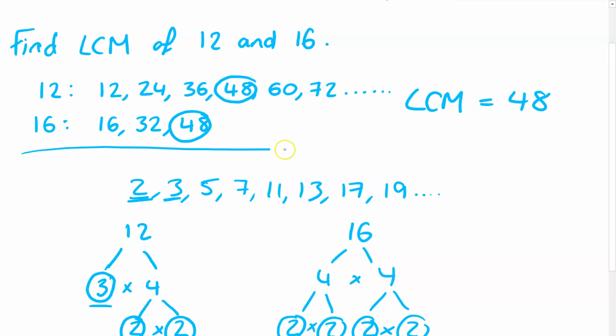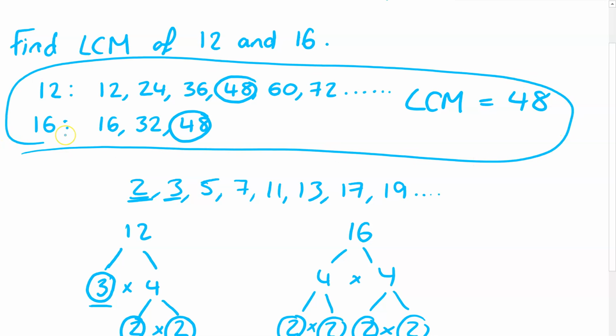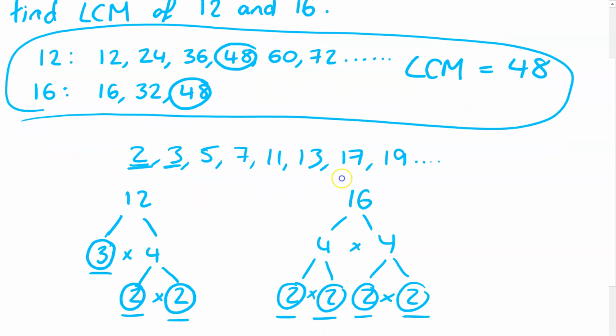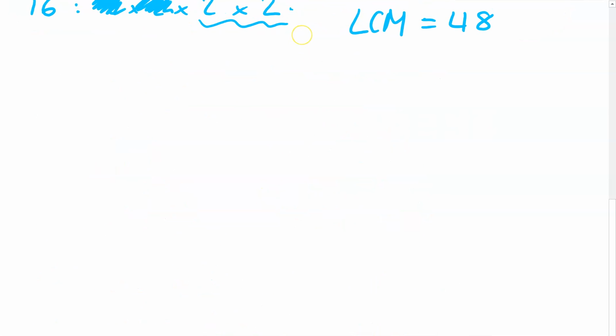Now I imagine a lot of you are sitting there thinking, well, that was so much quicker and so much easier. Don't forget, I've started with easier numbers because I can show you the method. If I now show you some harder numbers, hopefully you might see that the tree's slightly more reliable. Okie dokie, let's go with a harder one.